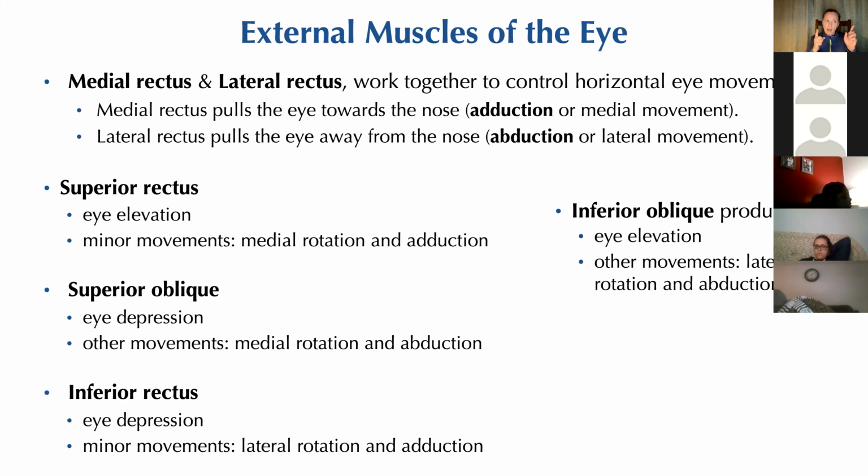And so when I look over to my left, I'm going to be using my lateral rectus on my left eye, but the medial rectus on my right eye to move it that way. And the opposite when I move my eyes to the right: lateral rectus, left medial rectus.